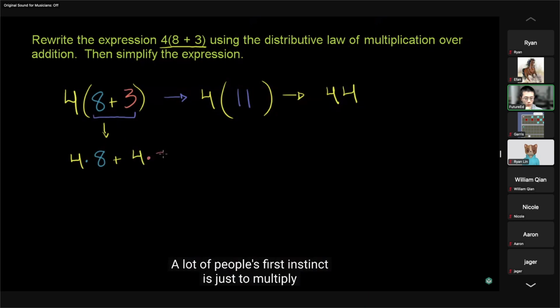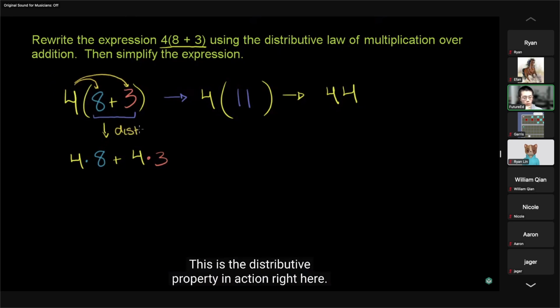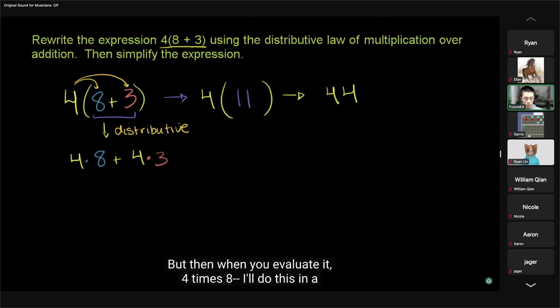A lot of people's first instinct is just to multiply the 4 times the 8. But no, you have to distribute the 4. You have to multiply it times the 8 and times the 3. This right here is the distributive property in action. And when you evaluate it, 4 times 8 is 32.